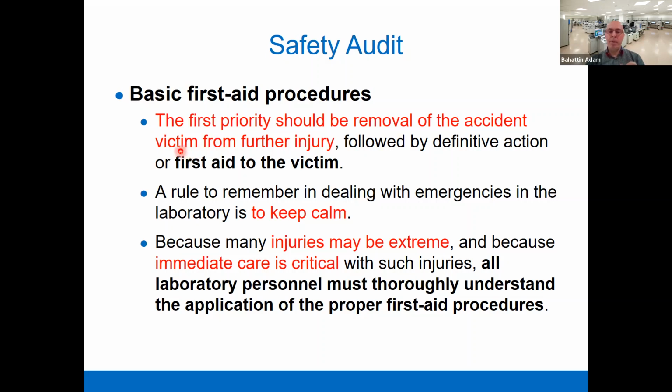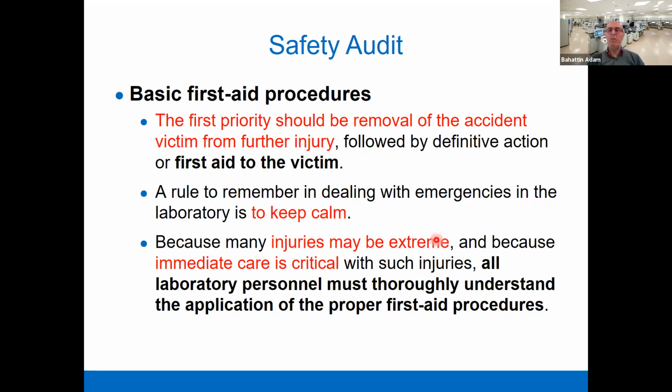The first priority should be removal of the accident victims from further injury. Okay, and then you can help them with first aid.